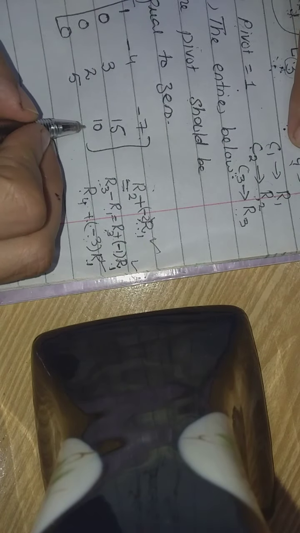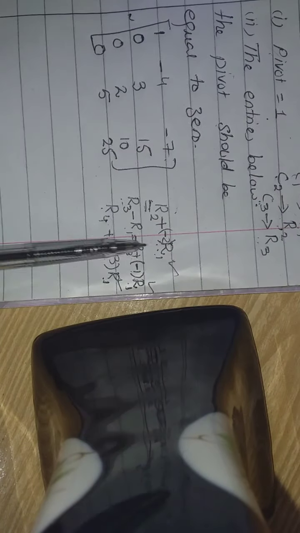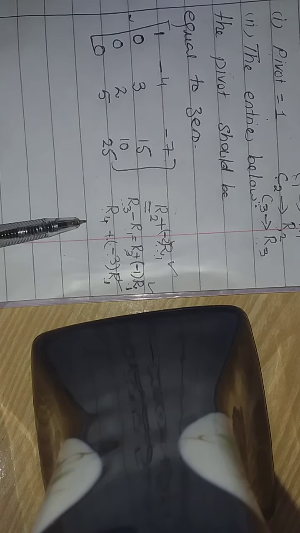Similarly, negative 3 into negative 7 will be 21, and 21 added to 4 will give us 25. So write 25 over here. This is what we get by performing these operations.